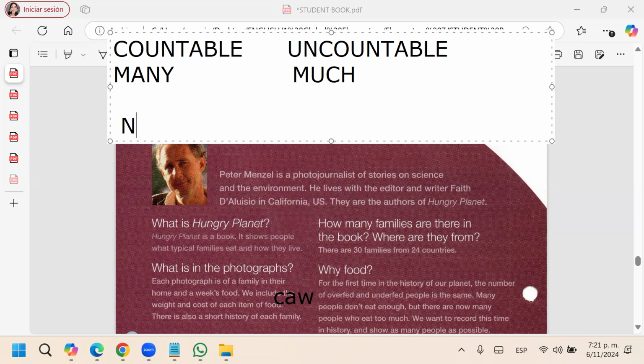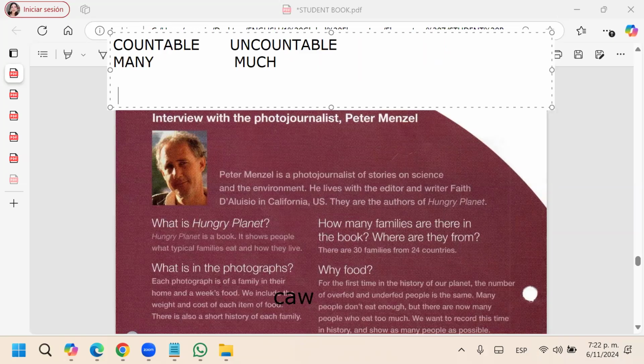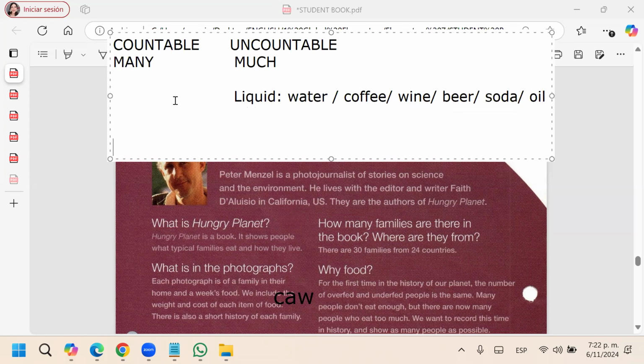The uncountable, most of the time, the uncountable food is liquid. Liquid, like for example water, coffee, wine, beer, soda, oil. Any liquid, normally, most of the time, is uncountable.